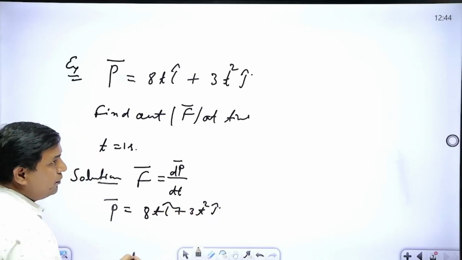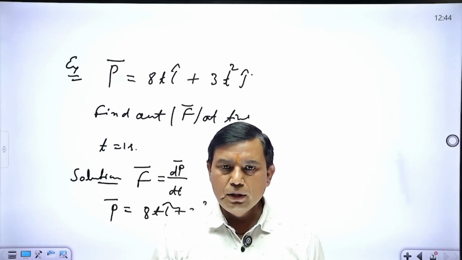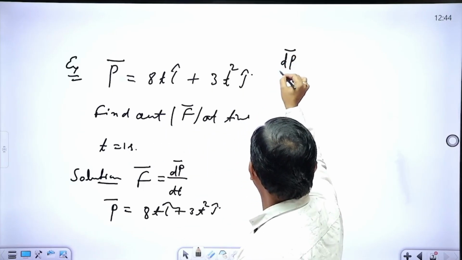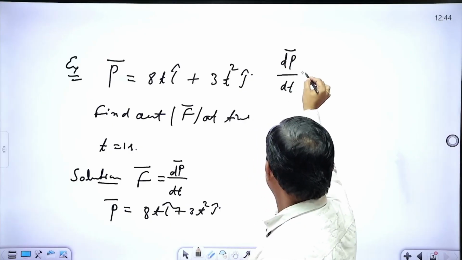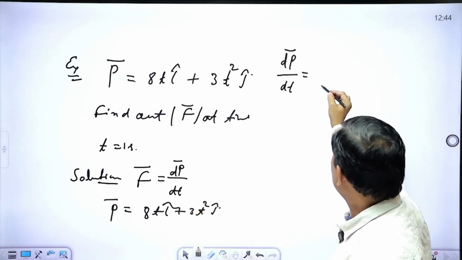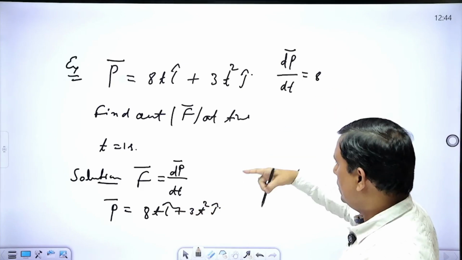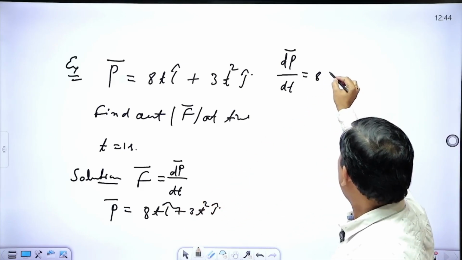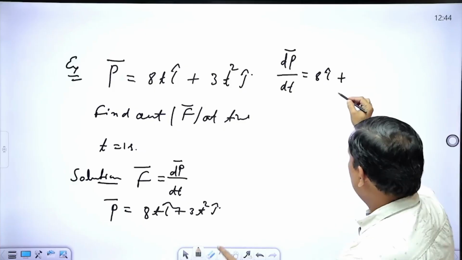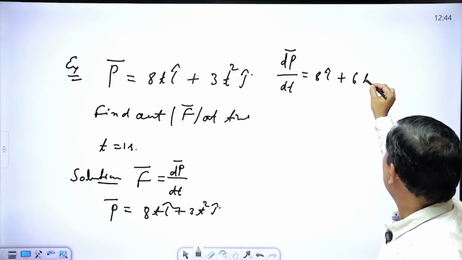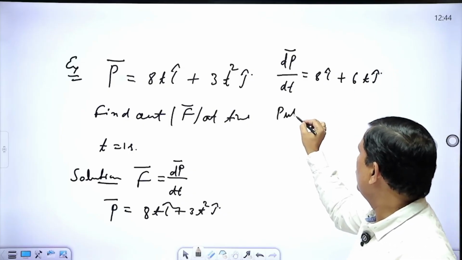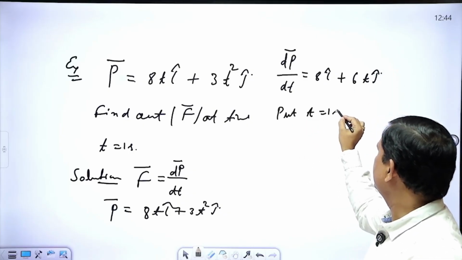Differentiating the linear momentum with respect to time, dp vector upon dt equals 8, since the differentiation of t is 1, 8 i cap plus 6t j cap.